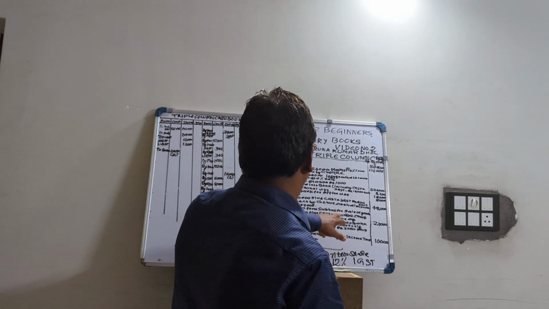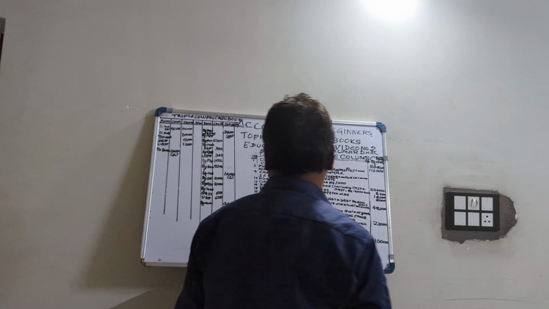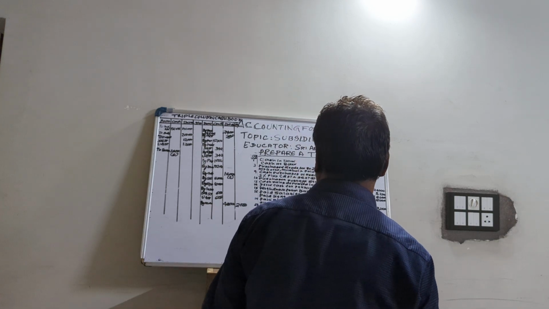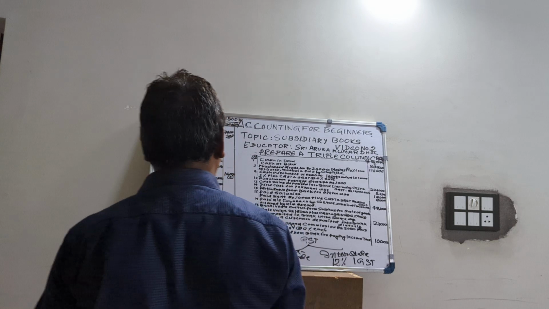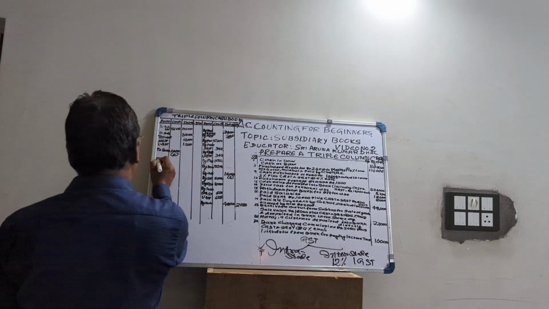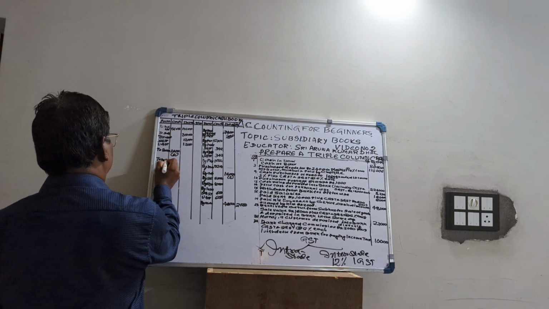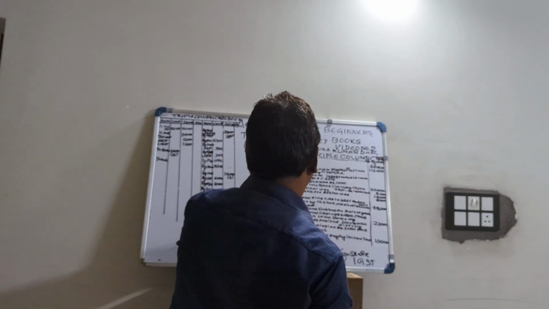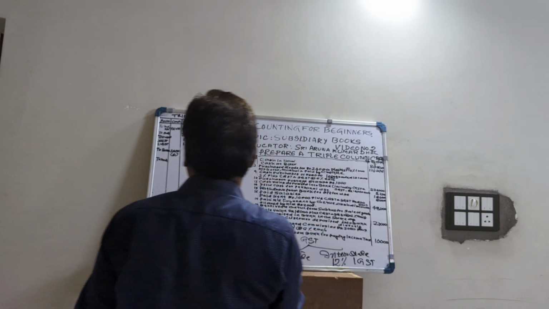Then received check from Subhas for sale of goods. Sales value 16,000, GST CGST 6% check. When we are receiving a check, bank account is debited to Subhas. How much? 16,000.